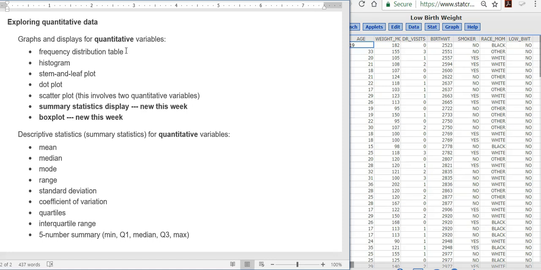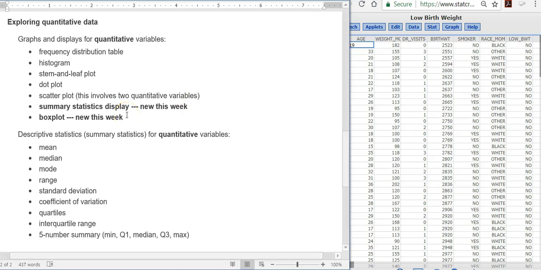We don't have any choice about that, but we'll still look at those. We'll do histograms. We can do stem and leaf plots. A dot plot is something that won't work well in this situation because we have so many different values for our birth weights. So we're not going to do a dot plot. A scatter plot also won't work in this situation because we only have one quantitative variable. We don't have two quantitative variables.